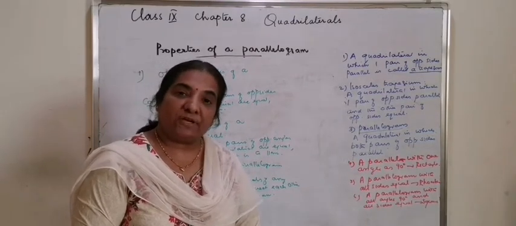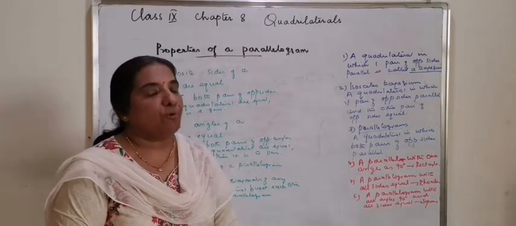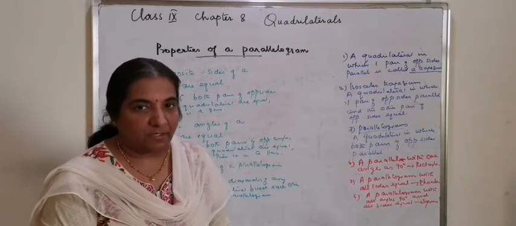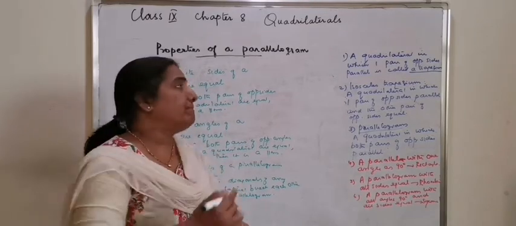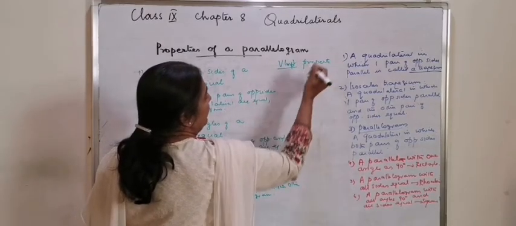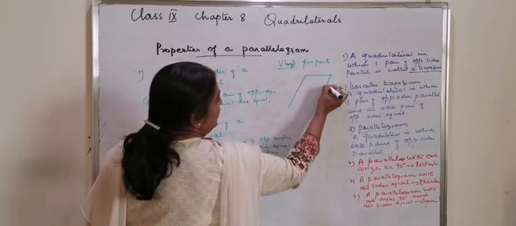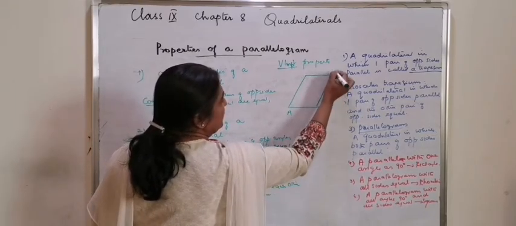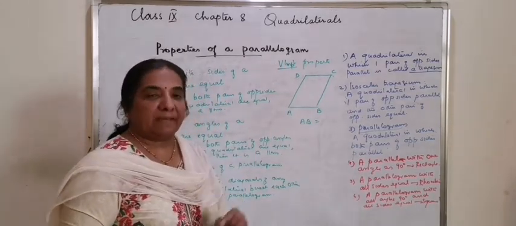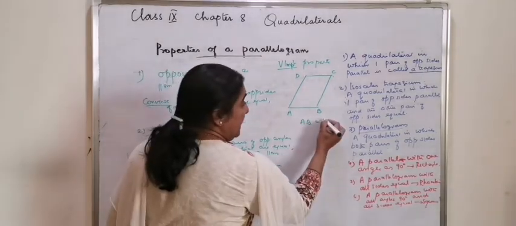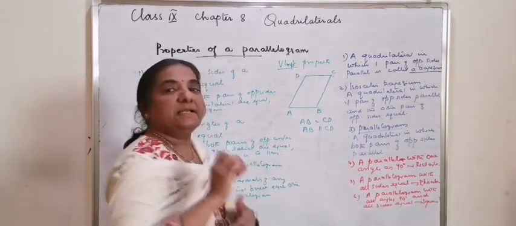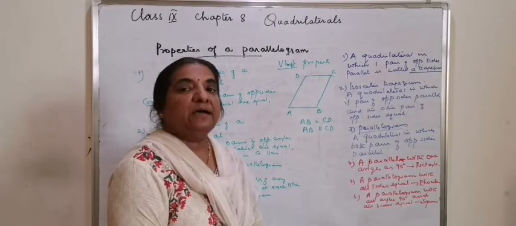And instead of considering both pairs of opposite sides as parallel and equal, there is a very important property of a parallelogram, that is, if the same pair of opposite sides, AB and CD, are one pair of opposite sides, if AB is equal to CD and AB is parallel to CD, such a quadrilateral will also be a parallelogram.